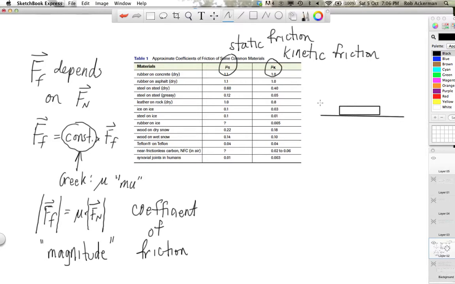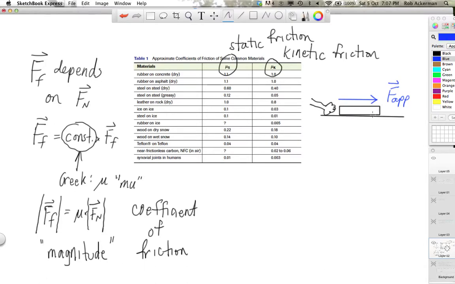And what I want you to do is take your hand and give a very, very slight push to the right. Give this F applied. And I want you to purposely push so lightly that the phone or the laptop or whatever actually doesn't move.